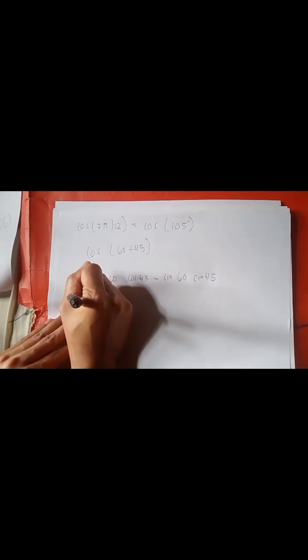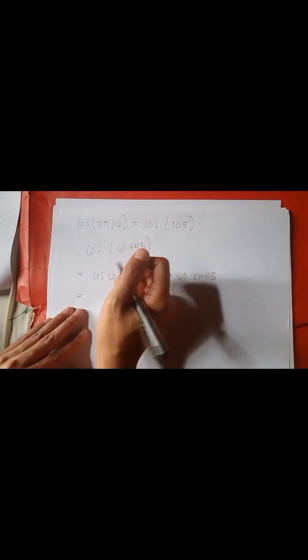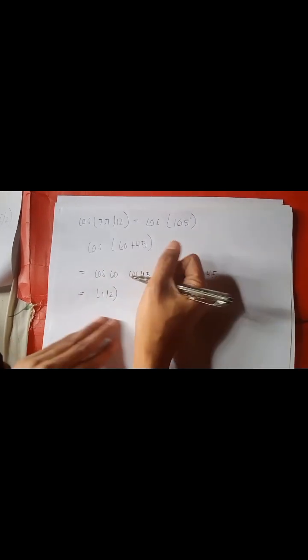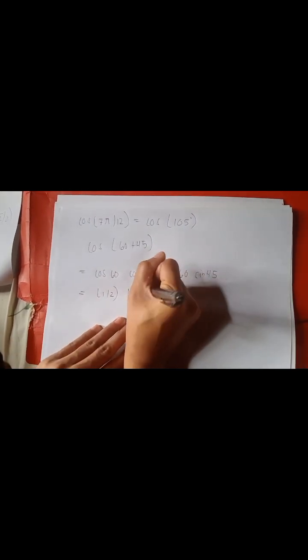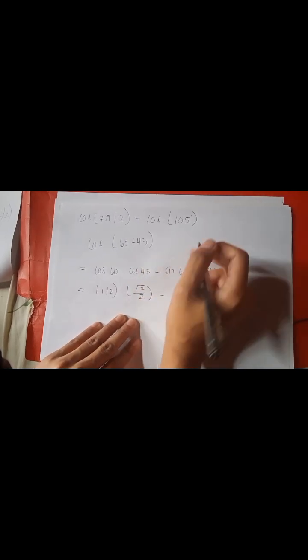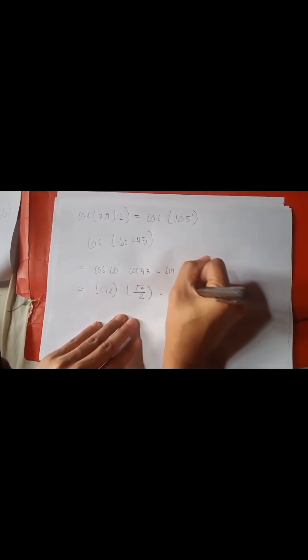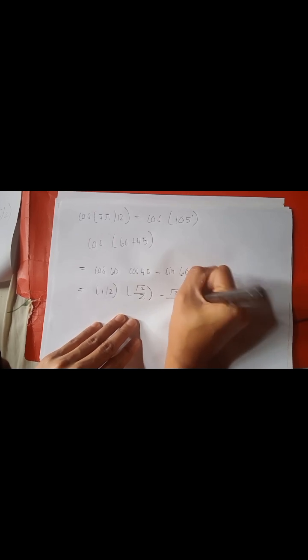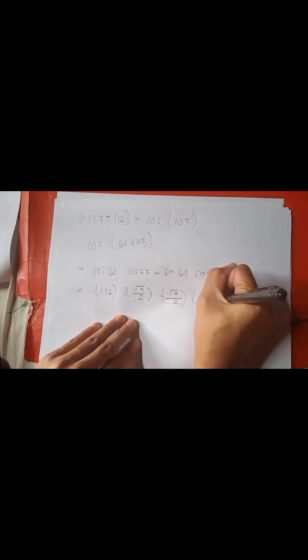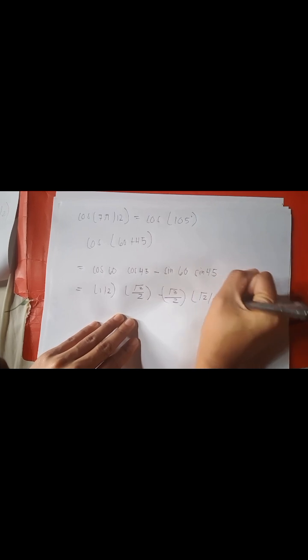So what is cosine 60? 1/2. And cosine 45 is square root of 2 over 2 minus sine 60 is equal to square root of 3 over 2. And sine 45 is equal to square root of 2 over 2.